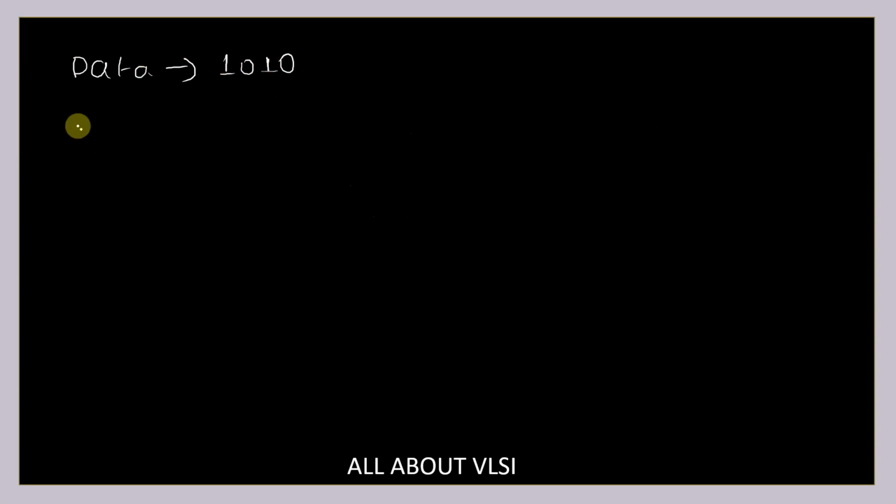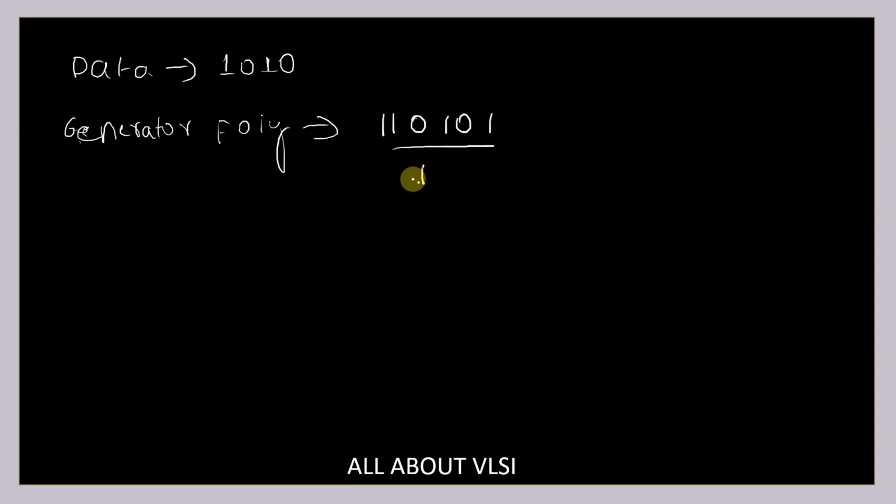And let's say the generator polynomial which I am going to consider is 110101. This is nothing but x power 5 plus x power 4, x power 3 coefficient is equal to 0, x power 2, x power 1 coefficient is equal to 0, plus 1. So this is the generator polynomial which I'm going to consider.